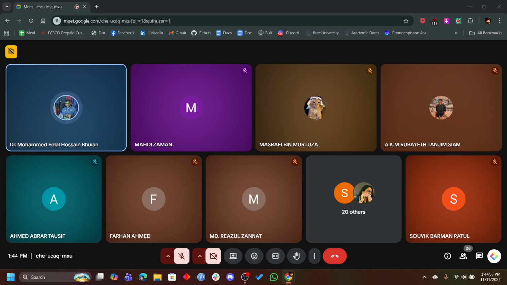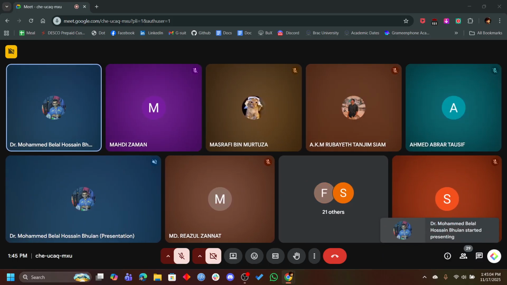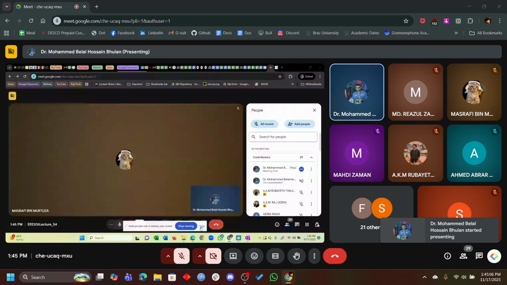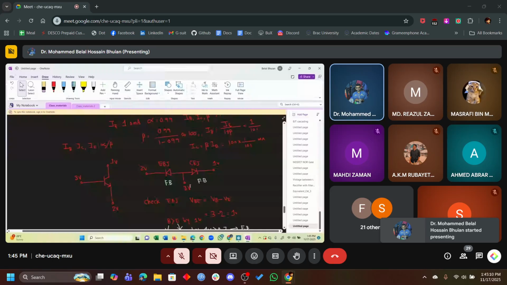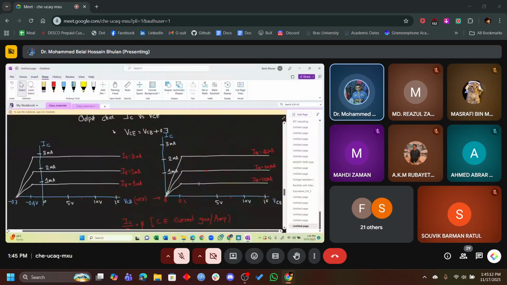It's a good question. When you look at the IV characteristics, we have the saturation region here, so it includes everything.